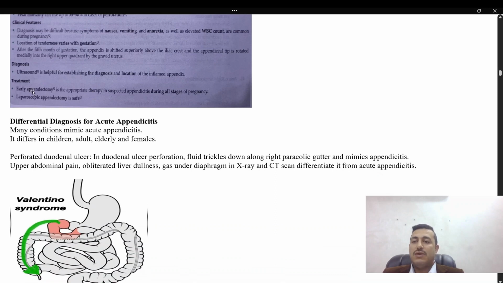Diagnosis is by ultrasound. Okay, and the treatment is early appendectomy during all stages. Laparoscopy, yes, it's safe to proceed with laparoscopy, especially in the third trimester.